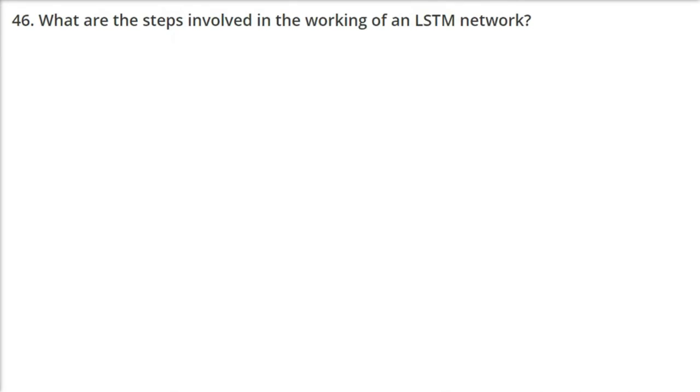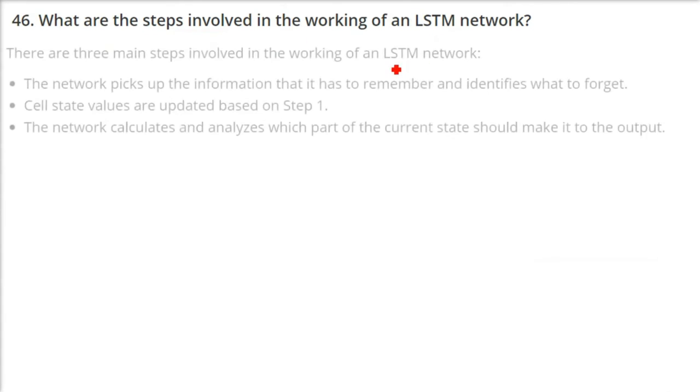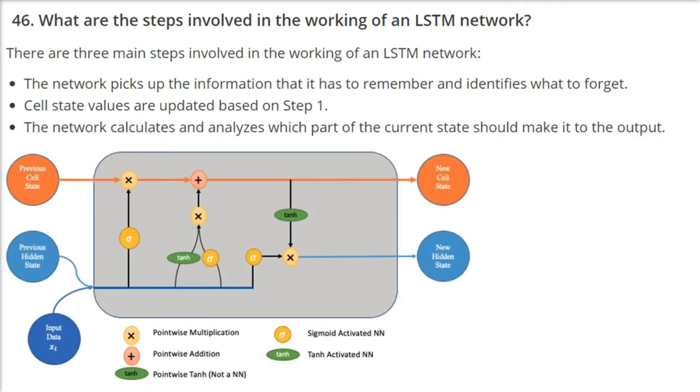What are the steps involved in the working of an LSTM network? We have talked about this kind of network, the long short-term memory network. So how does this work? First, let us understand that this is the previous cell state, this is the new cell state, this is the previous hidden state, and this is the new hidden state.